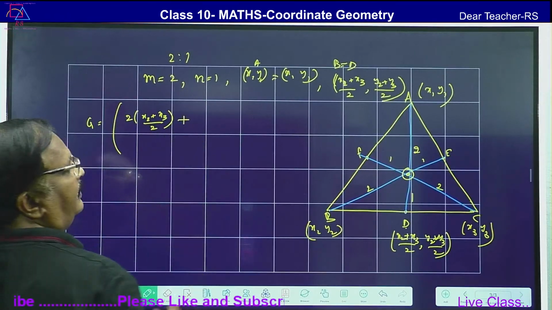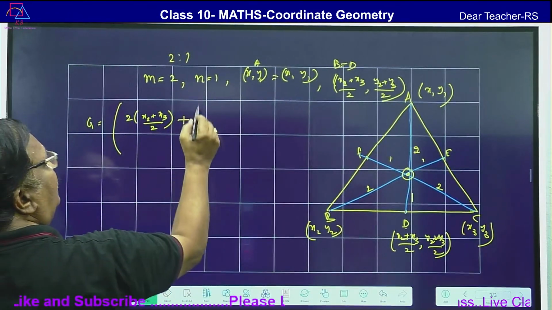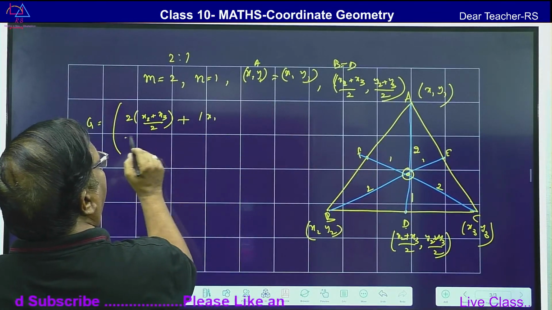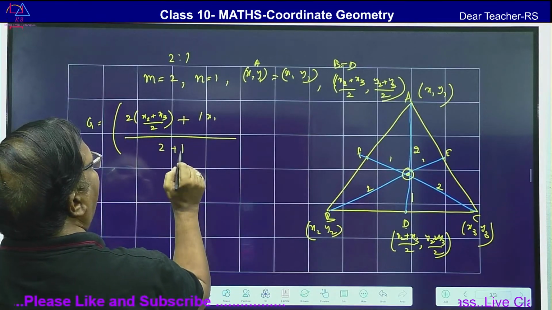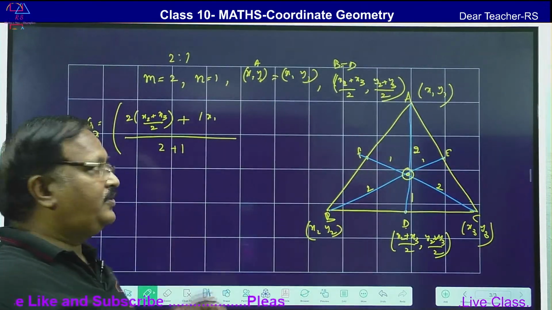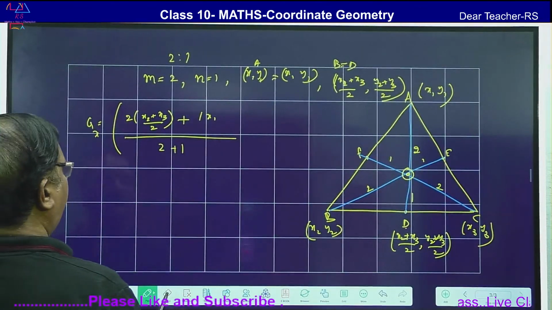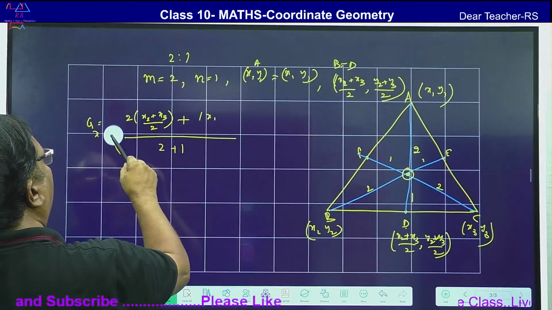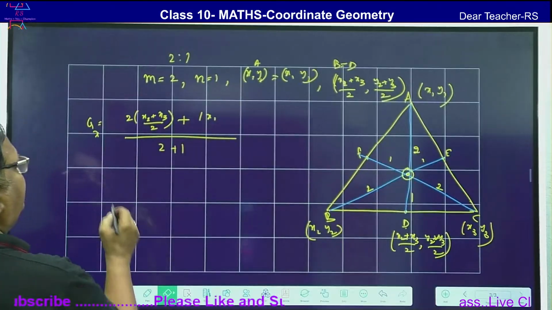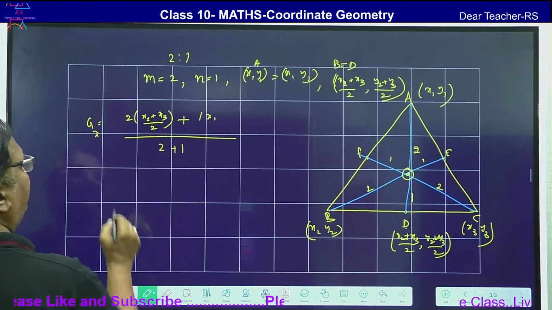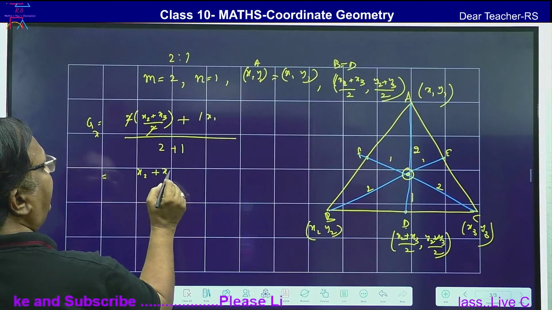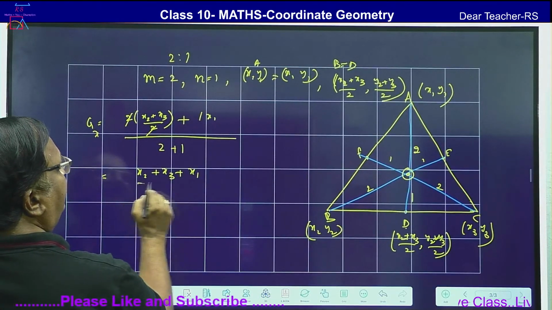plus n x1, n means 1, x1 is x1 only, all over 2 plus 1. Let us find the x coordinate separately, gx, that means the x coordinate of G. The 2 will get cancelled: x2 plus x3 plus x1 by 3.